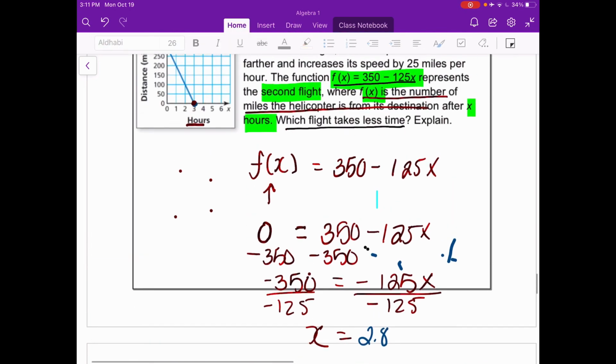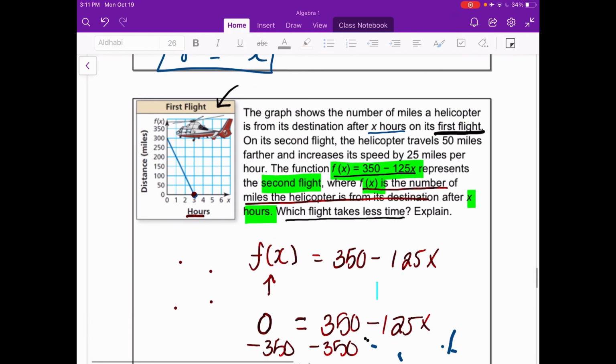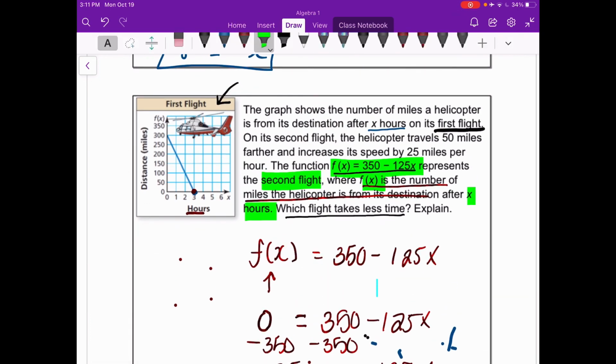So now we know it takes about 2.8 hours to reach the destination for flight 2, and in the first flight, it takes 3 hours. We know that the flight that takes less time is flight number 2.